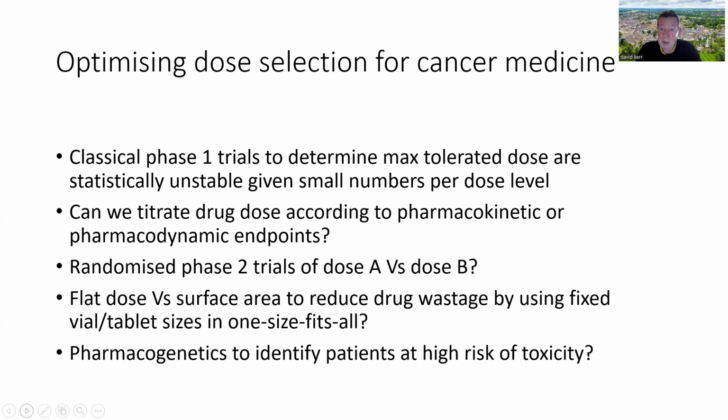The problem with that approach, when we tried to apply it, was that because of intra and inter individual variation in pharmacokinetics, how we metabolize the drugs, how we excrete them, the variation was very, very large. So in a phase 1 trial, trying to dose escalate on the basis of plasma concentration proved impossible.